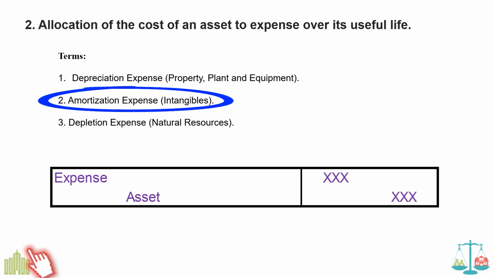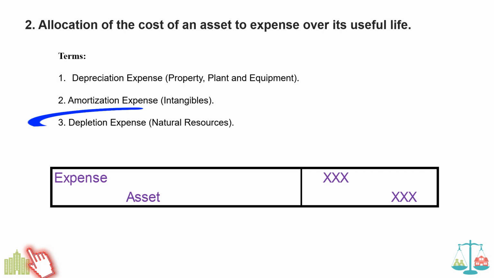The using up of a natural resource over its life is reflected as depletion expense. This is important business lingo. You need to know these terms and be able to recognize them: depreciation expense related to property, plant, and equipment, amortization of intangibles, and depletion of natural resources.